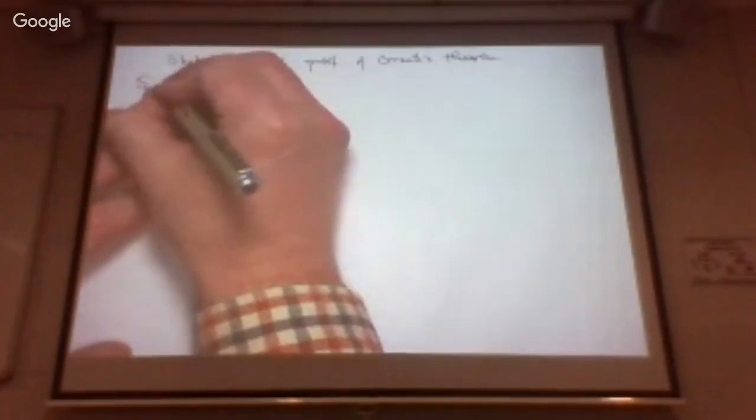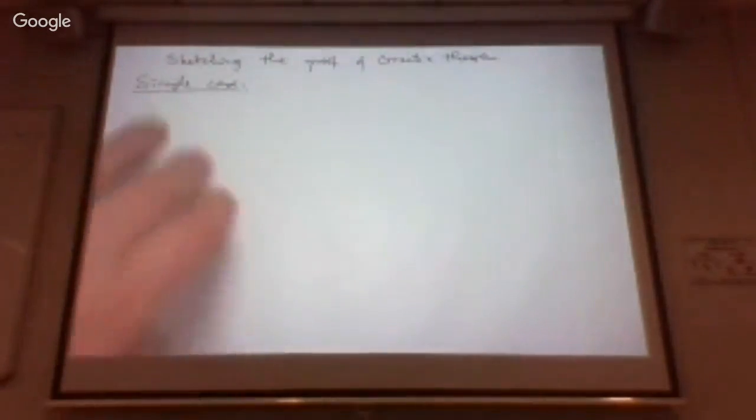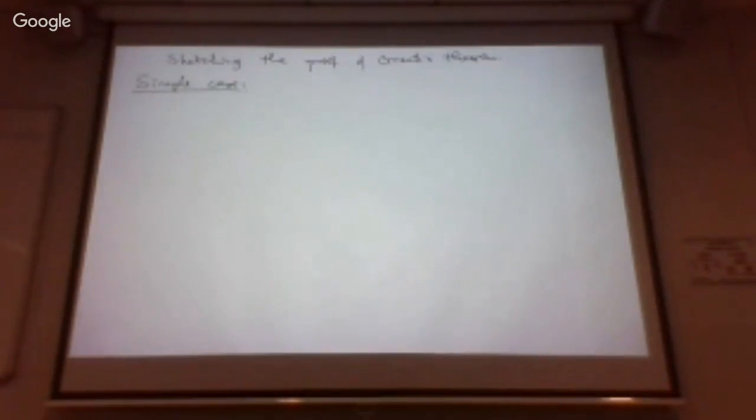What we'll do is prove a simple case, and then we'll explain how knowing it's true in the simple case can be expanded and generalized to knowing it's true in general.